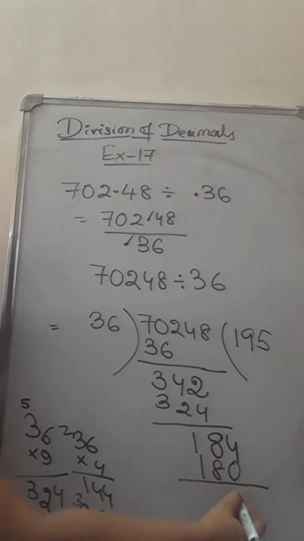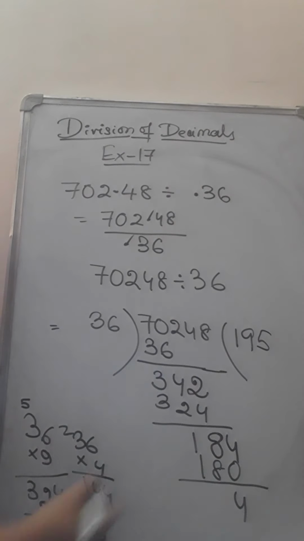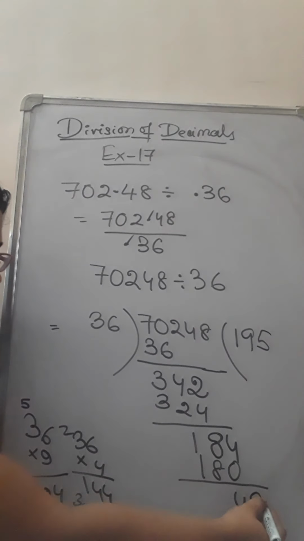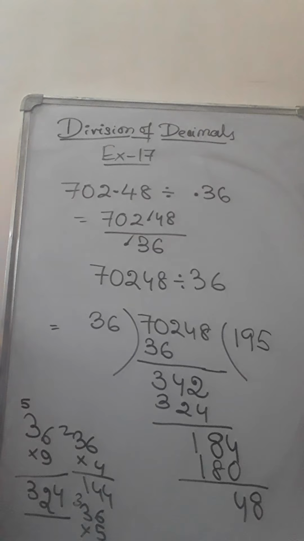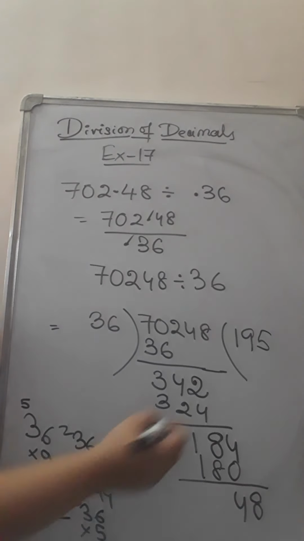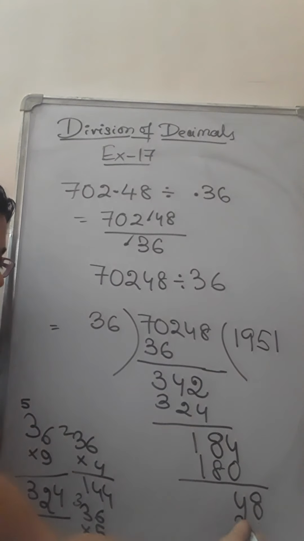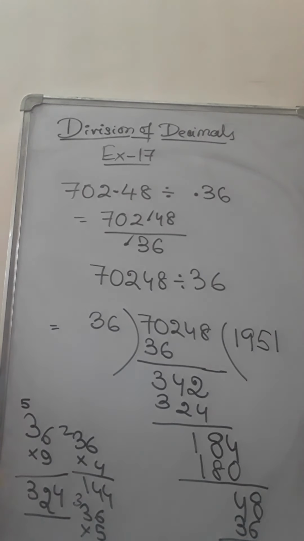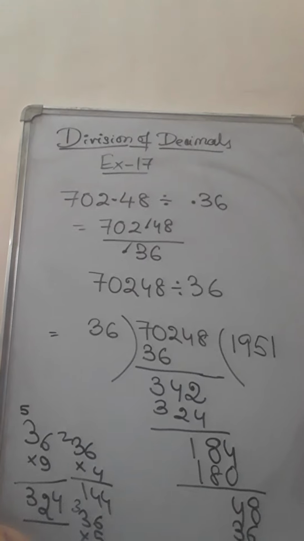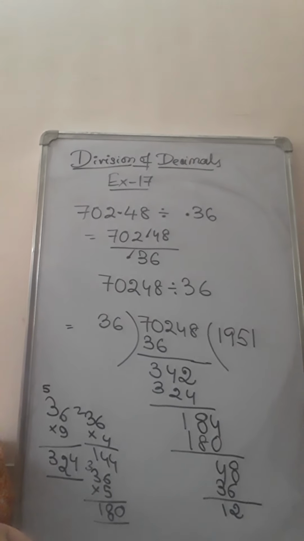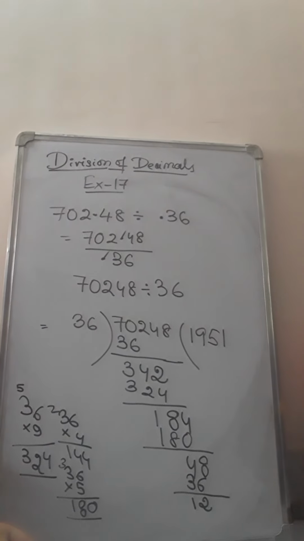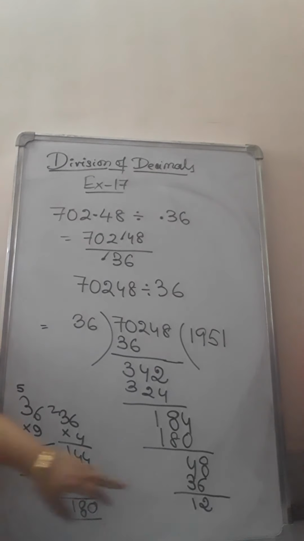The nearest value has to be taken. 4 is left, and from here 8. Now 36 cannot divide 48 exactly. 36 ones gives you 36. So what is the remaining? 12 is the remainder.